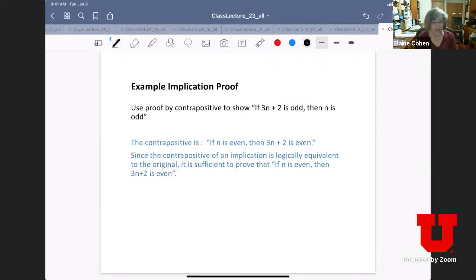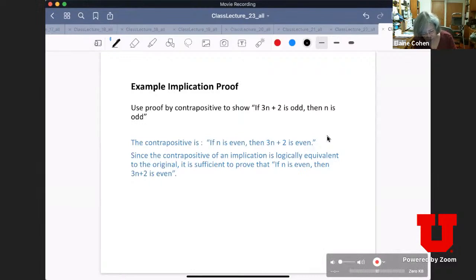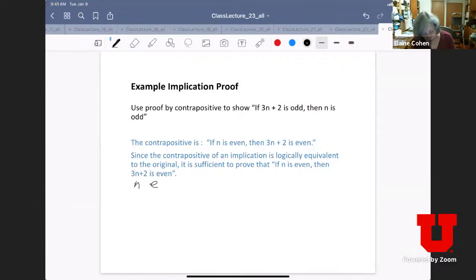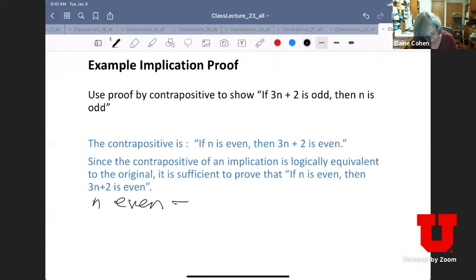What do we start out saying? Well, if n is even, n even implies n is equal to 2p, p in Z by definition of even.